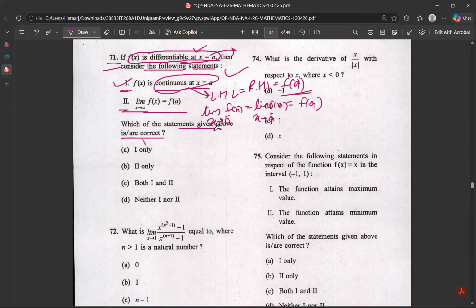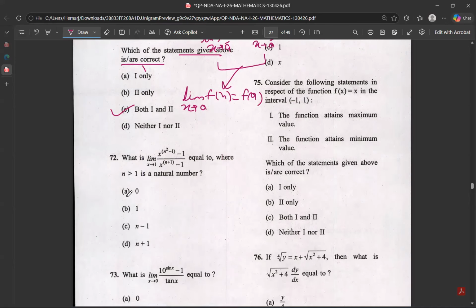We can simply write it like left hand limit equal to right hand limit equal to f(a). If the right hand limit and left hand limit are equal, it means the limit will be defined. So limit x tending to a f(x) will be equal to f(a). So from statement 1, we can also confirm that statement 2 is also correct. So in question 71, both statement 1 and 2 are correct. So C will be our answer.